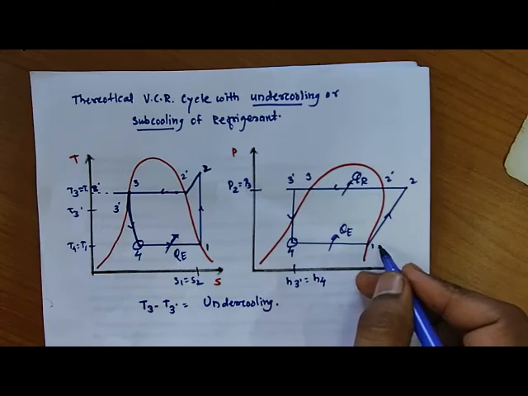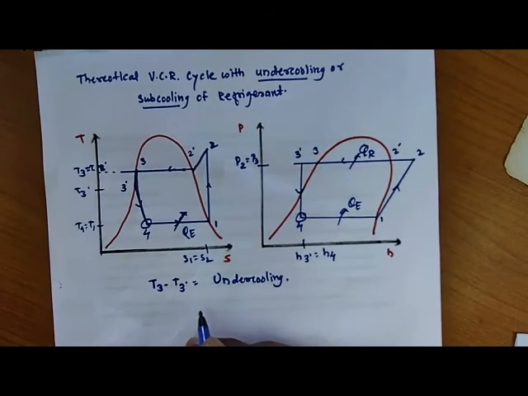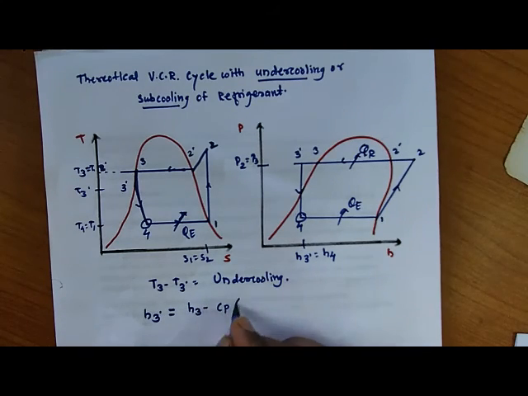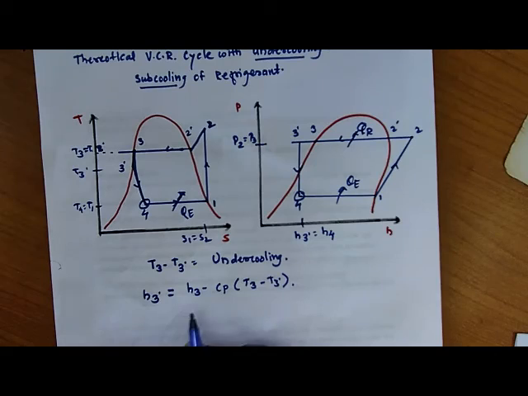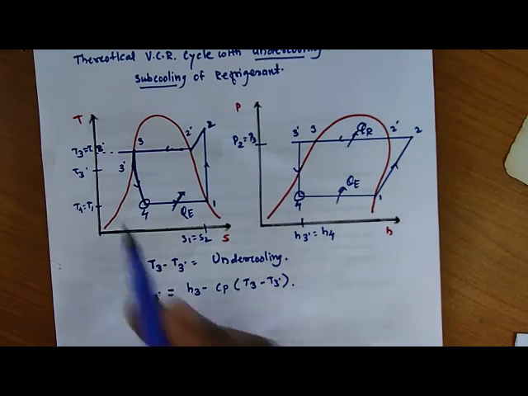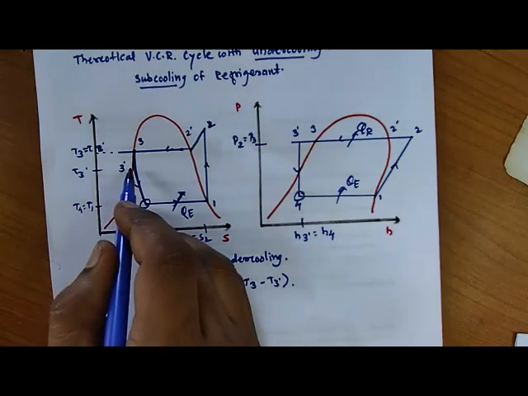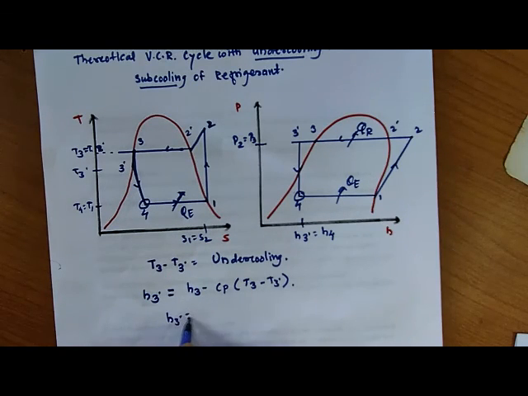Now, just like the previous types, to find out the enthalpy at point 3 dash: H3 dash is equal to H3 minus Cp (T3 minus T3 dash). By using this formula we will find out the enthalpy at point number 3 and 3 dash, and we know that H3 dash is equal to H4.